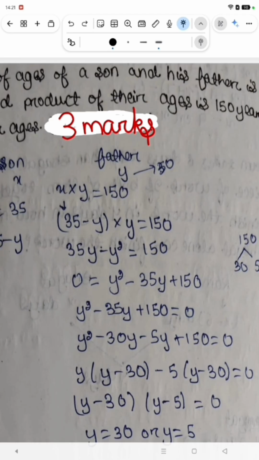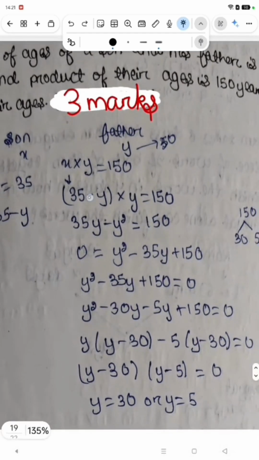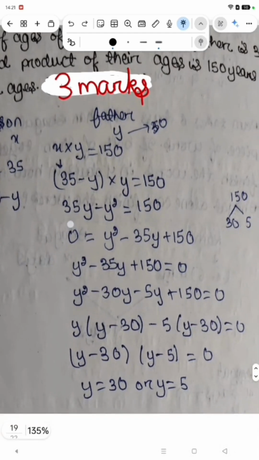So y multiplied by 35 minus y equals 150, which gives 35y minus y square equals 150. Putting all the values on one side, we get 0 equals y square minus 35y plus 150.